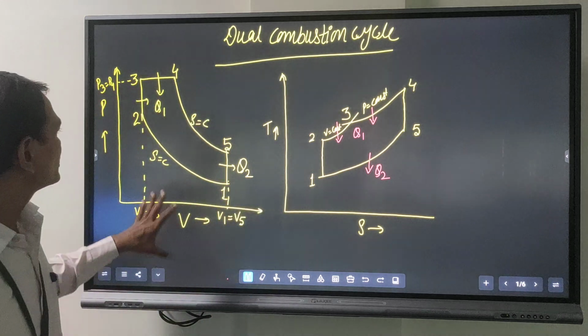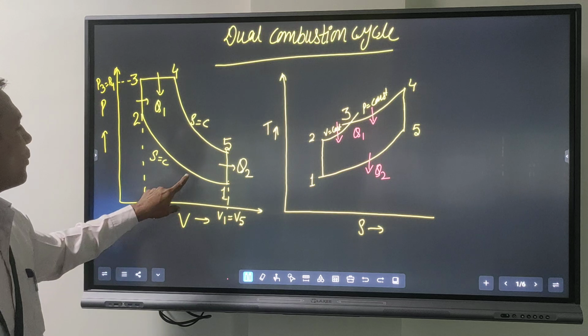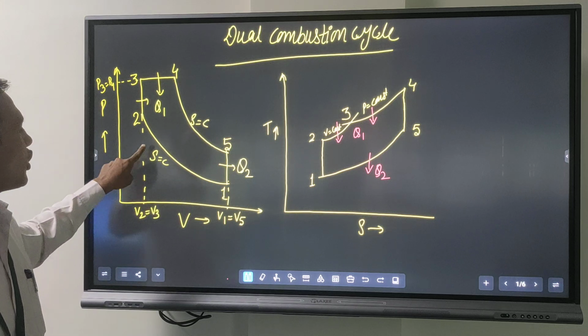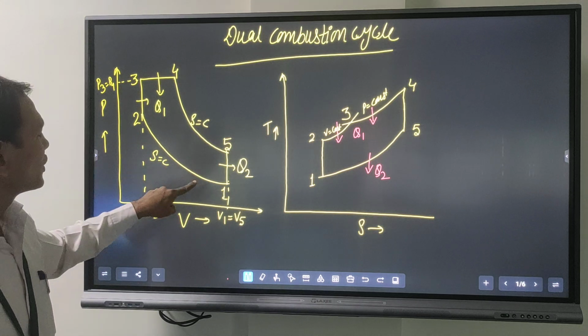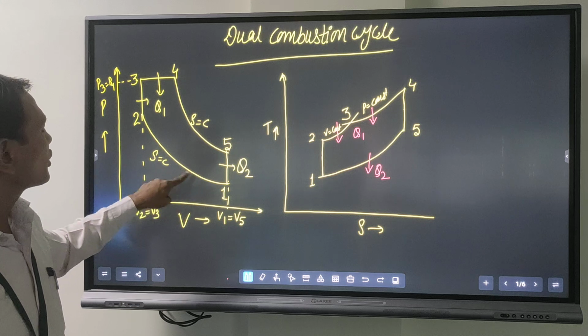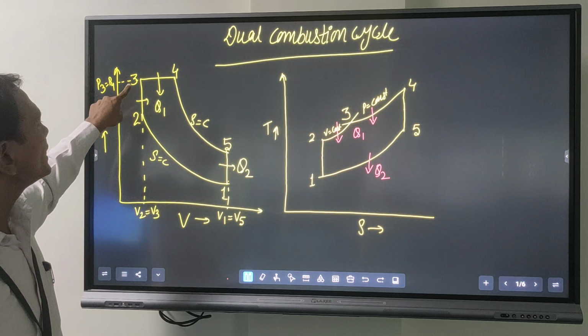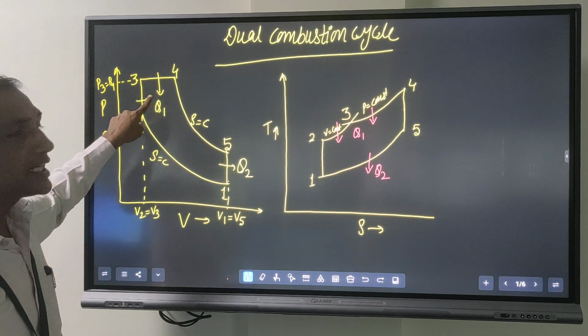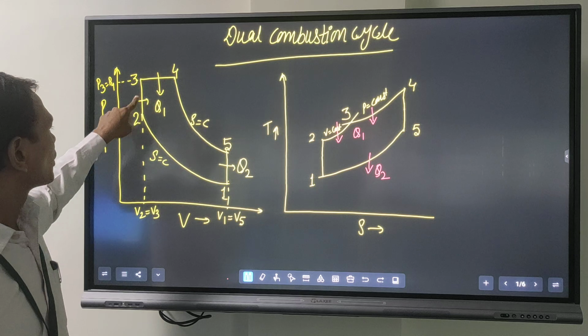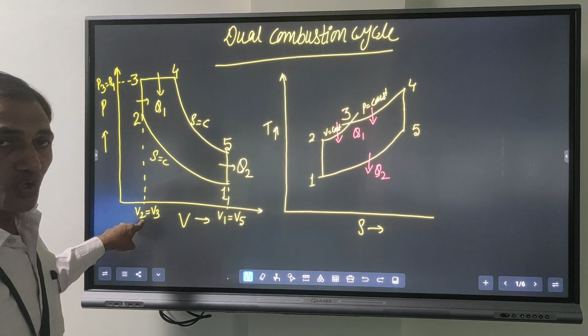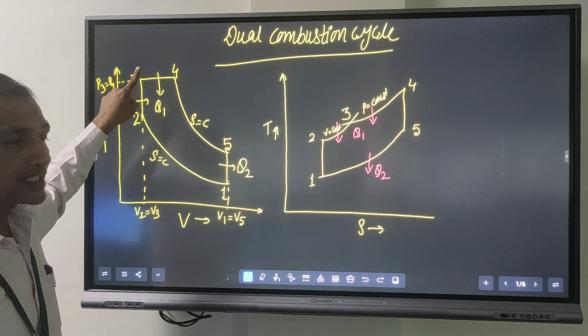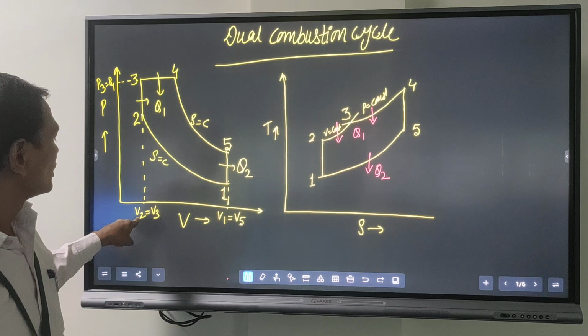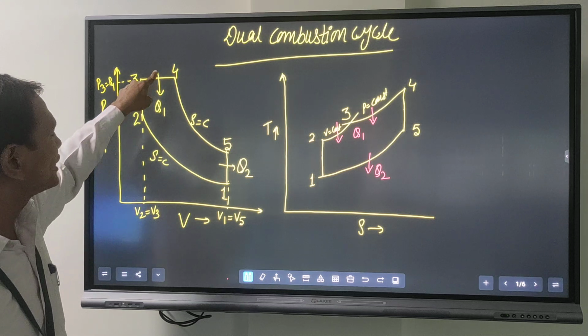In the dual combustion cycle, there is one reversible compression process, the isentropic compression process 1 to 2, then 2 to 3 and 3 to 4 heat addition at constant volume and at constant pressure, that is the isochoric process and the isobaric process.